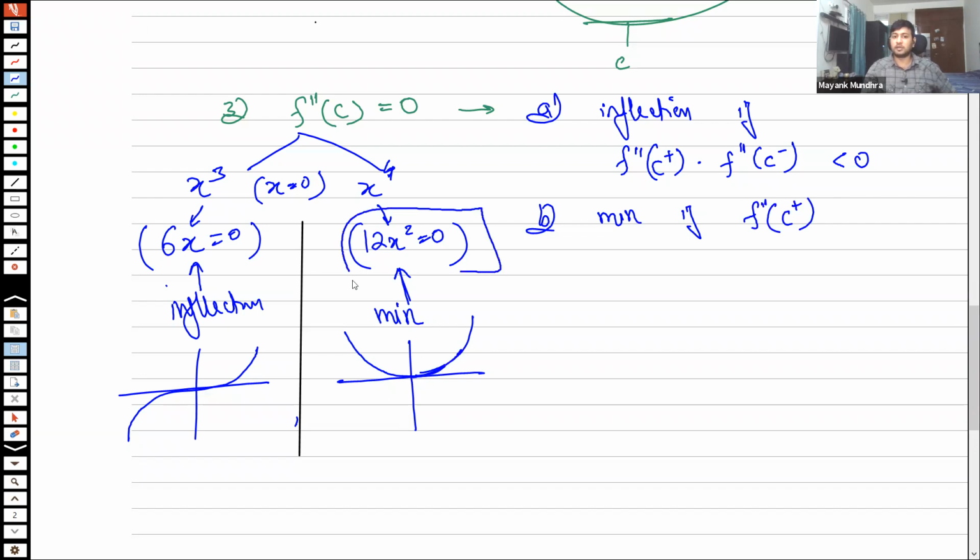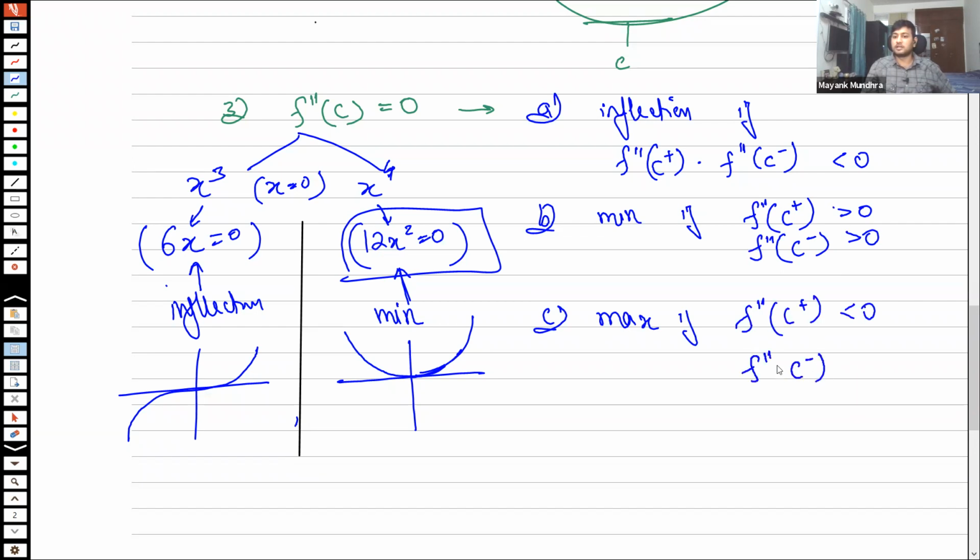As you can see, f double prime's formula is 12x square, so this is positive, and f double prime C minus is also positive. And it is going to be a maxima if f double prime c plus is negative and f double prime c minus is also negative.